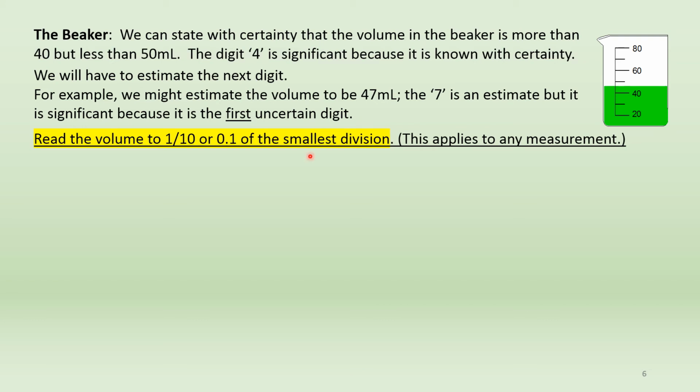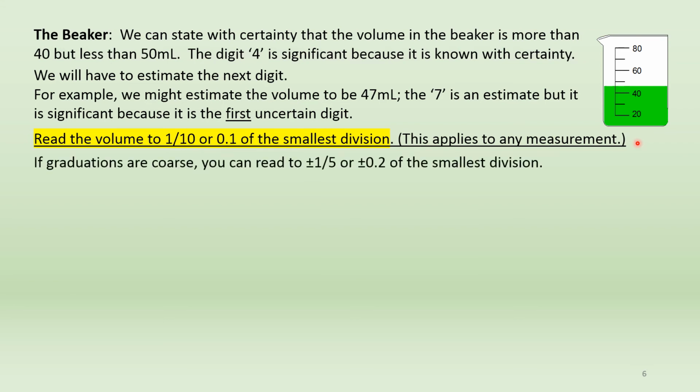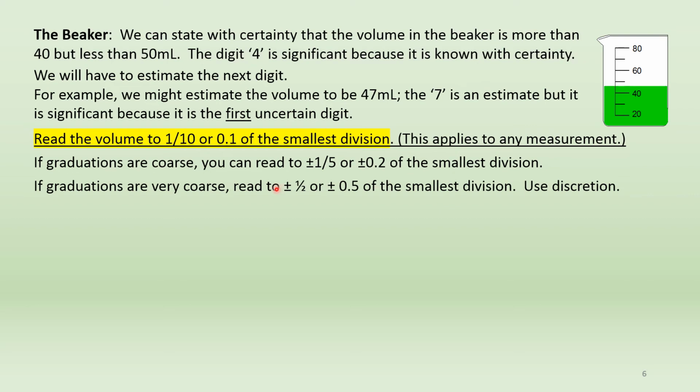So when we read the volume, we read to 1/10 the smallest division, and this applies to any measurement with discretion. We mentioned already that if the graduations are coarse, meaning they're so close together they're harder to read, you might choose to read this to 1/5 of the smallest division or 0.2 of the smallest division. If the graduations are very close, then you might have to read it to 1/2 or 0.5 the smallest division.